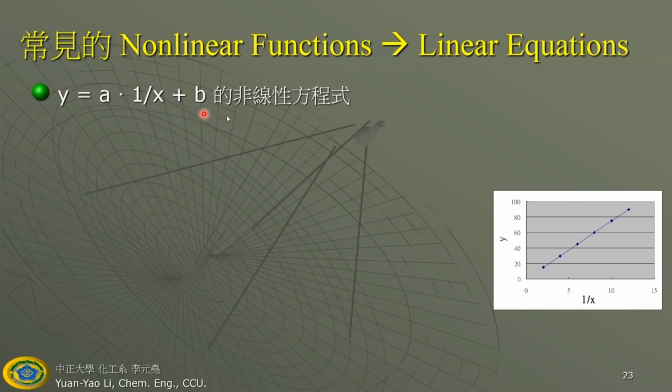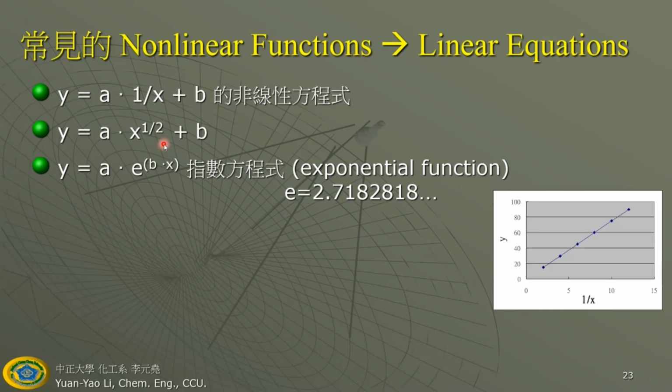This is the example of the score of your elementary principles of chemical engineering process, right? This is the reciprocal. And this is the square root: y equal to a times the square root of x plus b. This is the previous example of temperature related to mass flow rate.